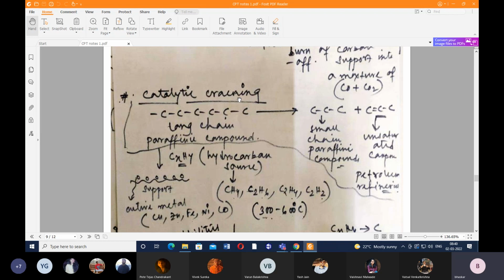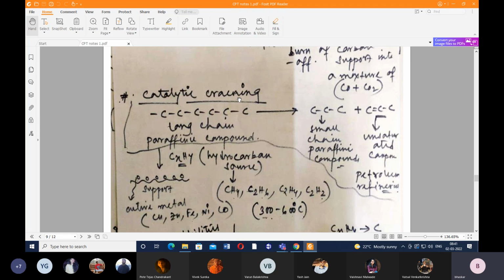What is alumina? Alumina is basically Al2O3. What is silica? Silica is basically silicon dioxide, SiO2. These are basically the supports. Alumina silica has a chemical formula of Al2O3 slash SiO2, so it's a mixture of alumina and silica.